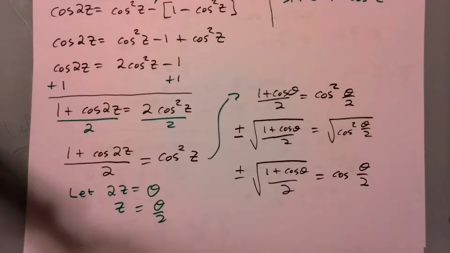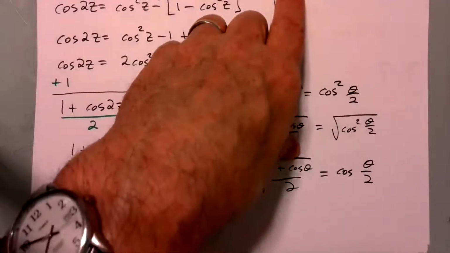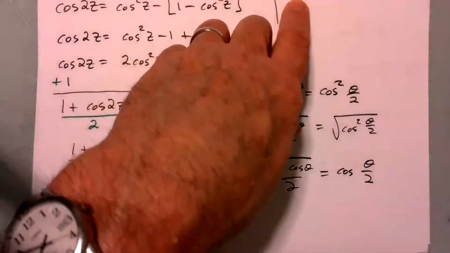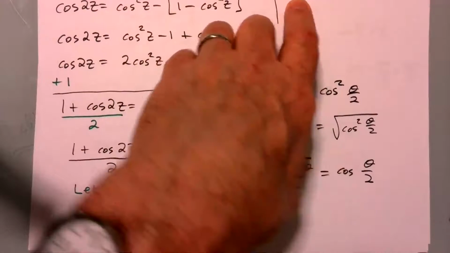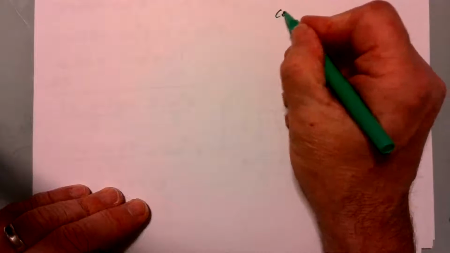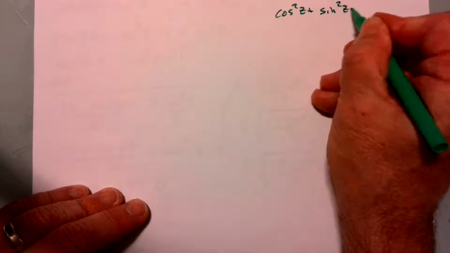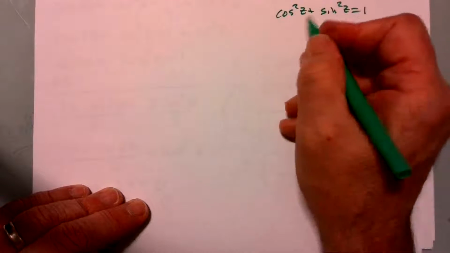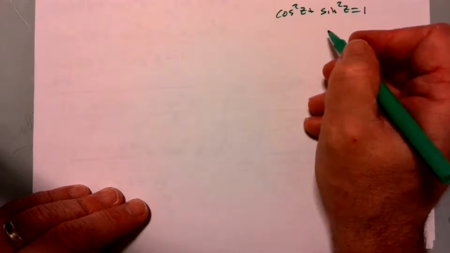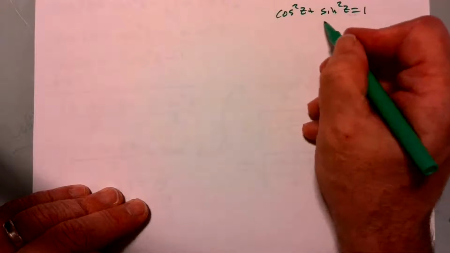Let me quickly do the same thing for the other version of this. Instead of replacing cosine squared, we replace sine squared. That will give us a formula for sine theta over 2. So this time we're going to stick with cos squared z plus sine squared z equals 1. And this time I'm going to solve for cos squared. So I will subtract sine squared z from both sides.